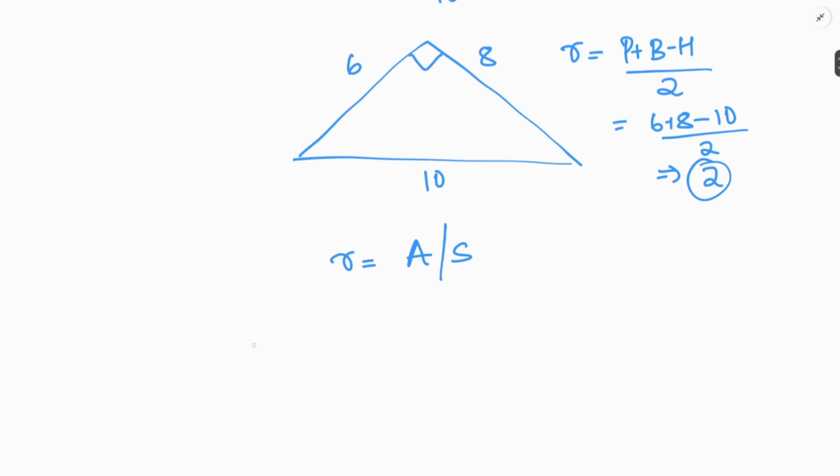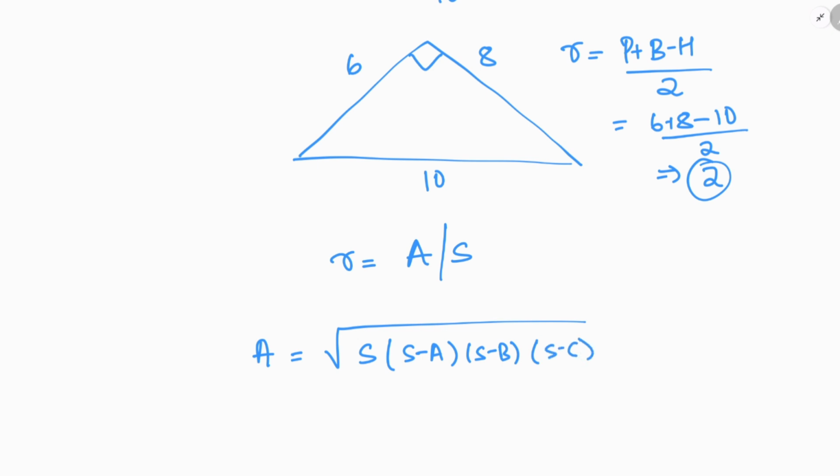So we know that the area of a triangle can be calculated using this formula: square root of s into (s minus a) into (s minus b) into (s minus c), and by this we can calculate the area of any triangle. So let us first calculate s, that is the semi-perimeter. So that is equal to (a plus b plus c) by 2, and in this case it is equal to (6 plus 8 plus 10) by 2.